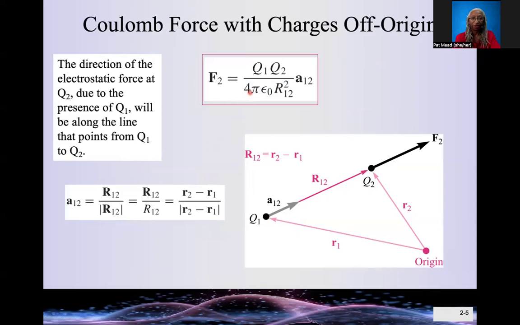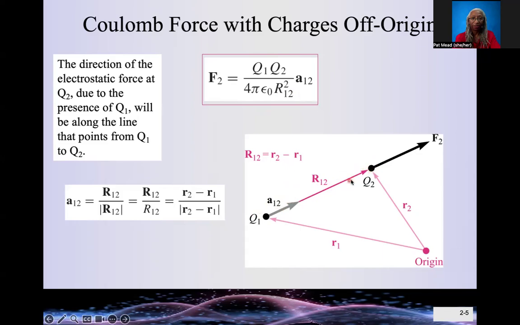The magnitude is obvious: Q1 Q2 over 4 pi epsilon naught, times 1 over the distance squared. But the direction, how do you find that? Well, the direction of the force at Q2 due to the presence of Q1 is going to be a vector along the direction from 1 to 2, right? So it's going to be in this direction.